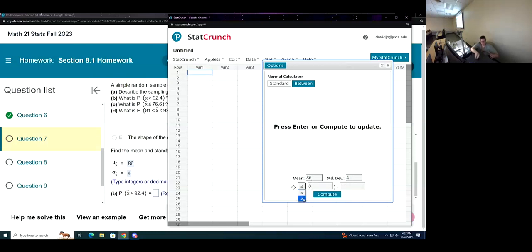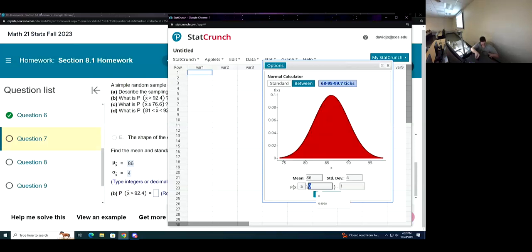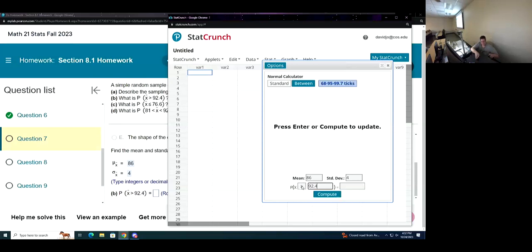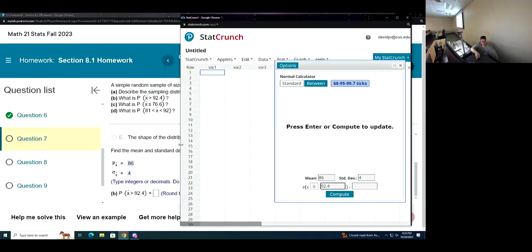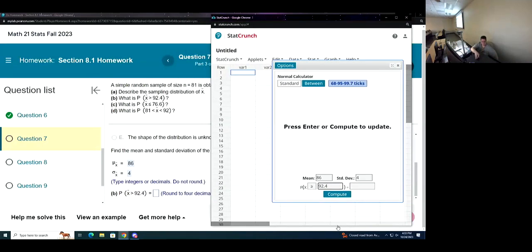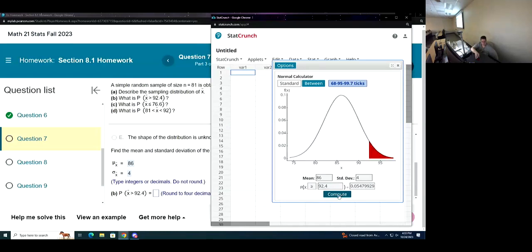And now I just got to make sure I match my signs up and type in the right number. Greater than 92.4. It says round to 4 decimal places. That's 4 decimal places, and it looks like I got to round up.